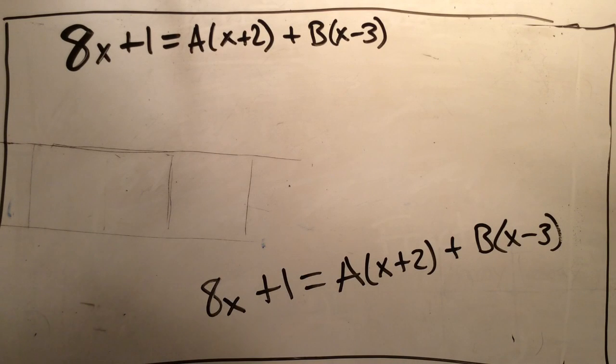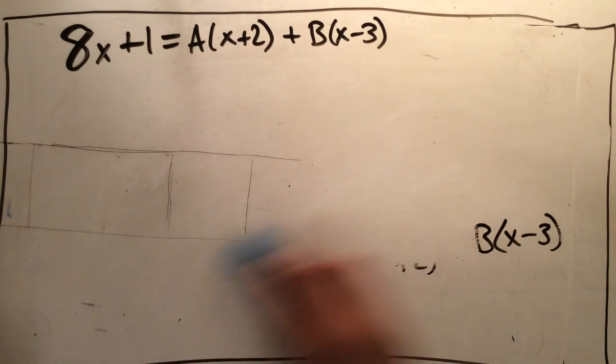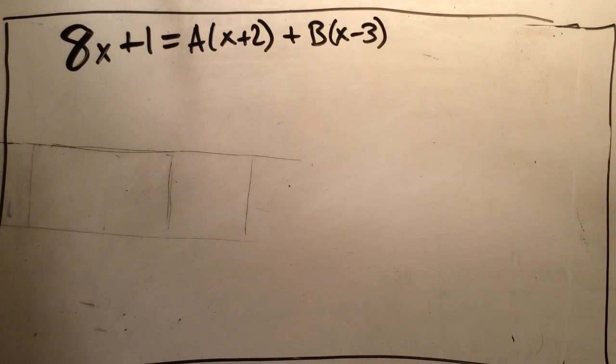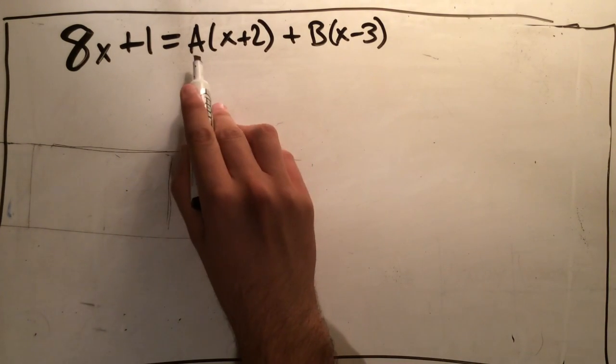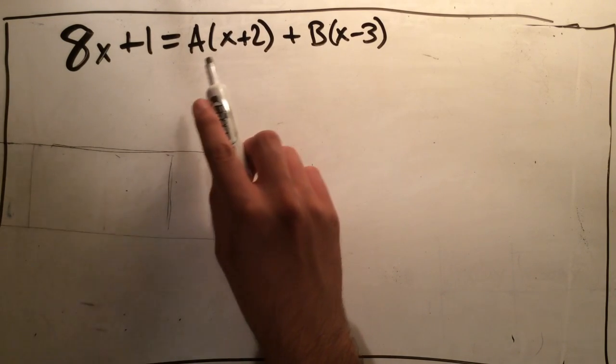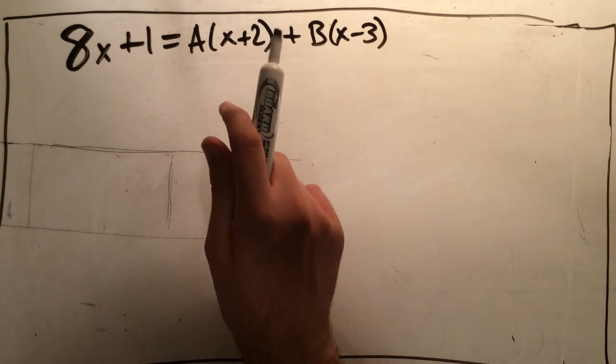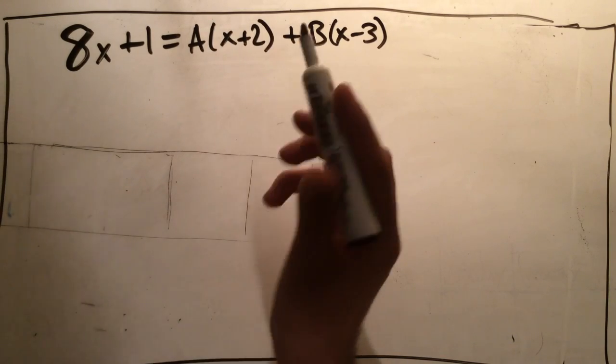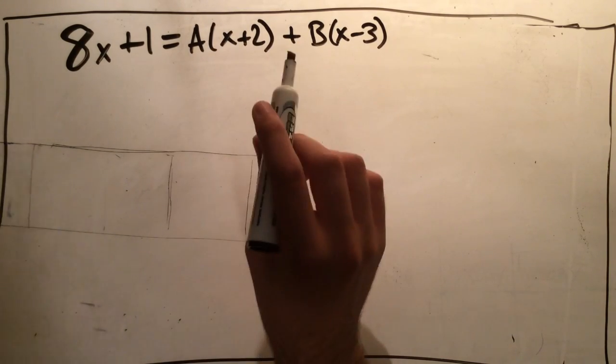That is our equation. There are two different methods to solve for a and b, because we need to solve for those so that we can plug them into our split fractions for our original problem.